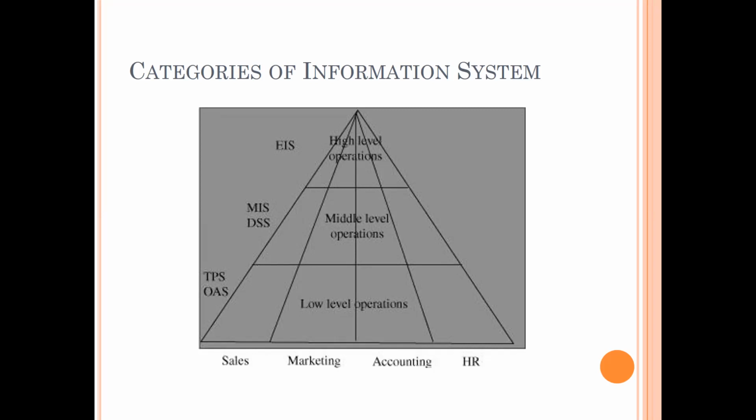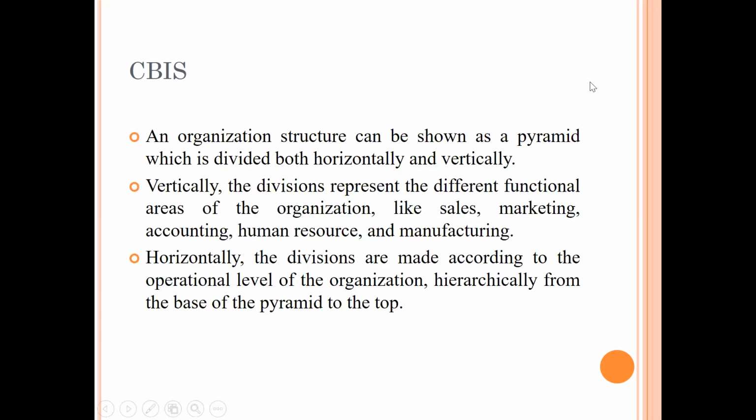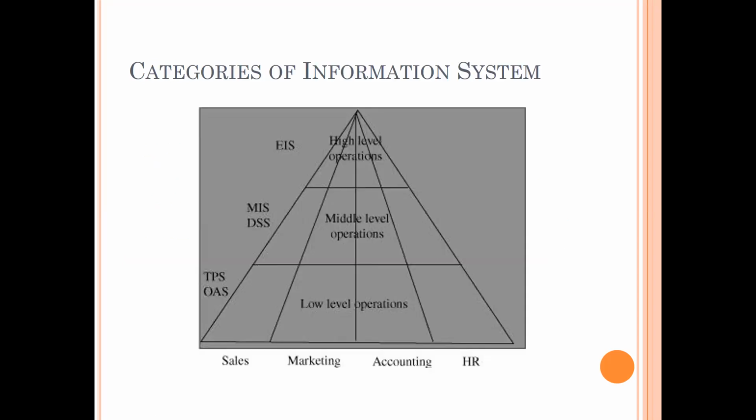This is what is depicted in this diagram. So as mentioned, an organization structure can be shown as a pyramid, which is divided both horizontally and vertically, which is what we've just seen there.